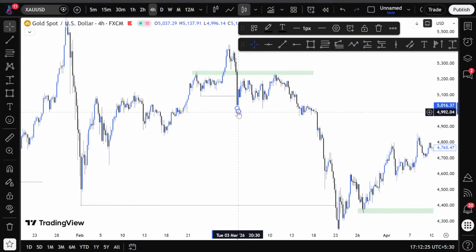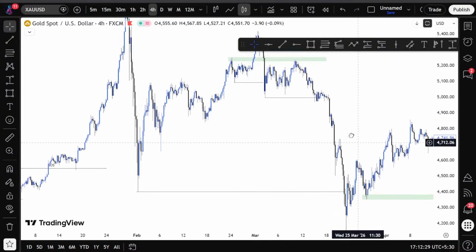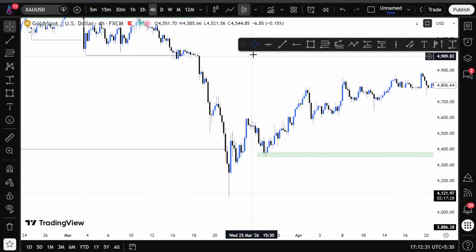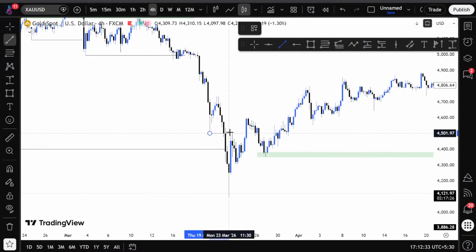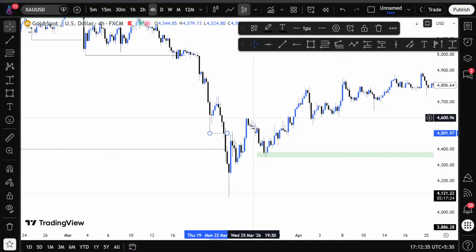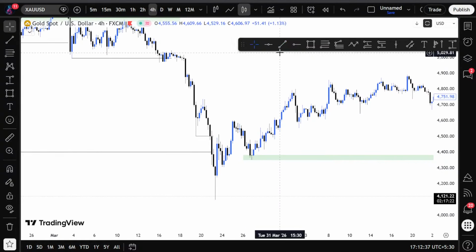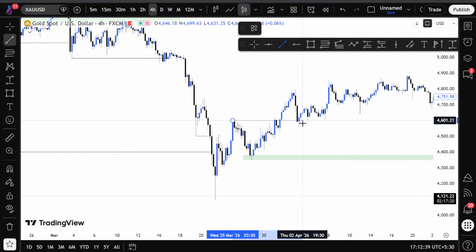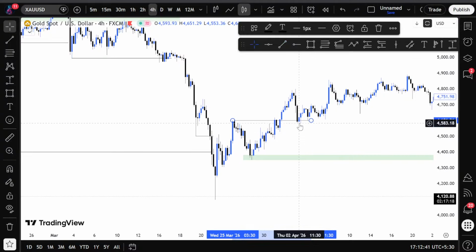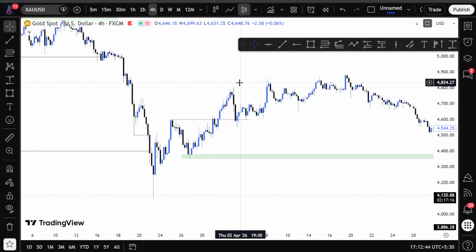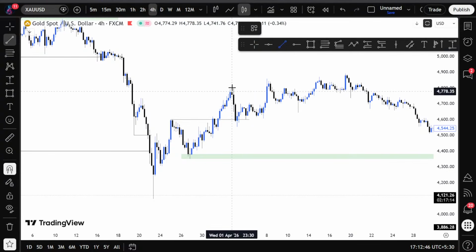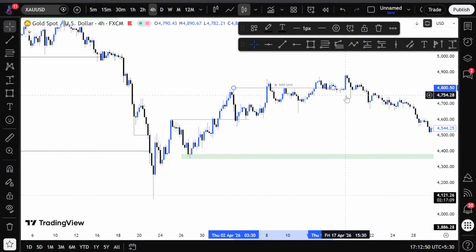Again, low break, on the retest, you short. Then here, it started breaking high, you buy on retest. Again, it breaks high, you buy on retest. See?